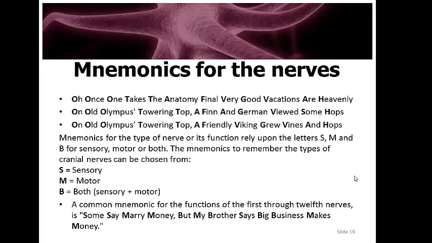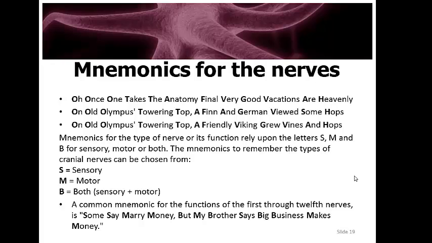We also have a mnemonic to know whether the nerve is sensory, motor, or both. So here's one common mnemonic to remember that. Some say marry money, but my brother says big business makes money. So those that are the S are sensory, those that are the M are motor, and the one that's a B is both.